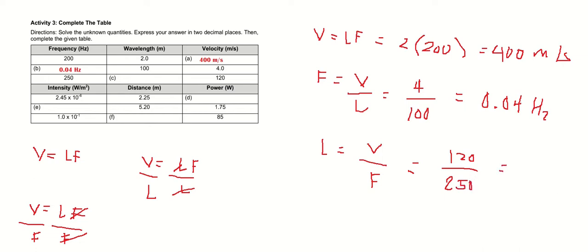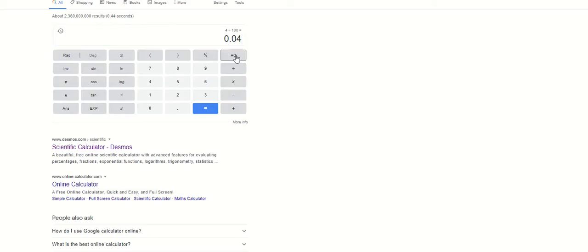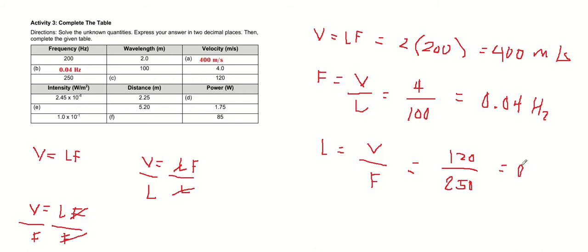So, ngayon, calculator ulit. 120 divided by 250. So, 0.48. Yun nakuha natin. 0.48. Tinatanong, wavelength. So, meters. 0.48 meters. Ayan.